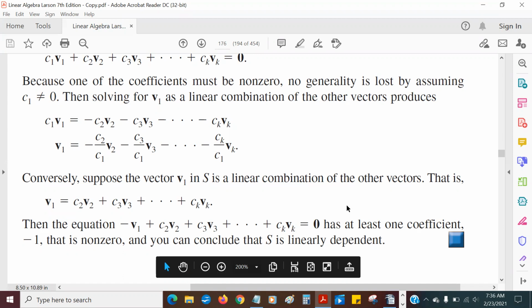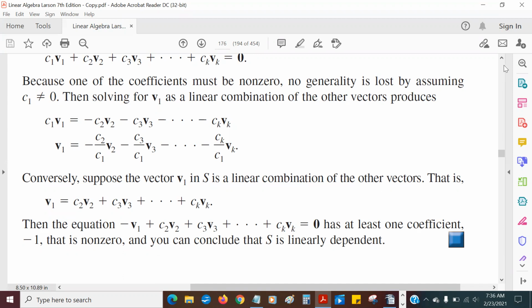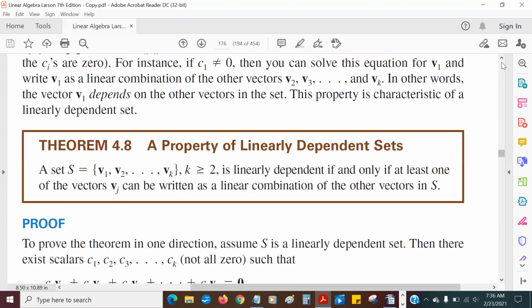And that's important. That's the definition. What I like about this is that now the word dependent makes sense. Because if it's linearly dependent, I can write one vector in terms of the others. So that one vector depends on the other vectors because it can be constructed by them.